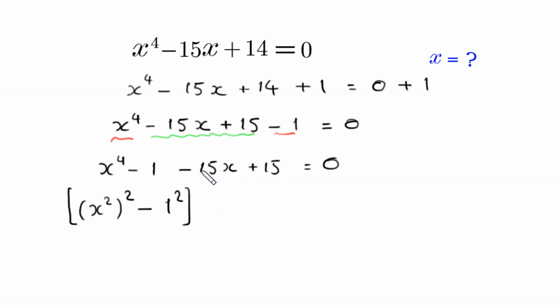From these two terms, in negative 15x plus 15, we can factor out negative 15. And in bracket left, x minus 1 is equal to 0.